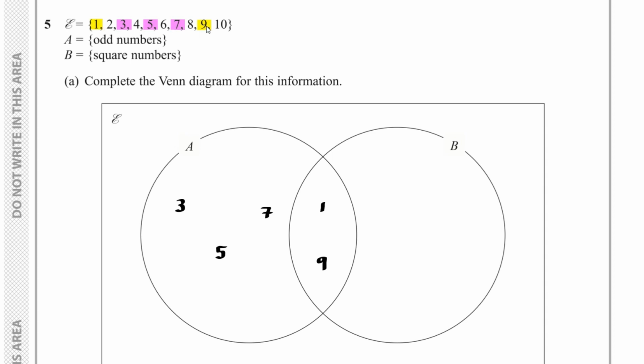Well, 1 and 9 went in the union section. 4 is left over. Then we have the other numbers which do not belong in A and do not belong in B. Those are 2, 6, 8, and 10. Here is the completed Venn diagram.